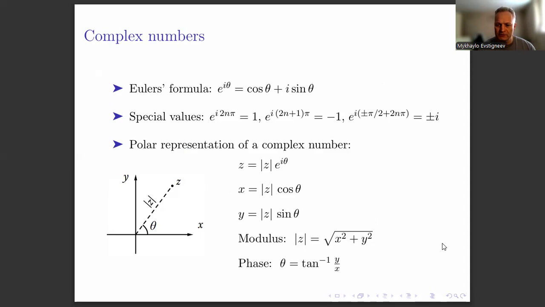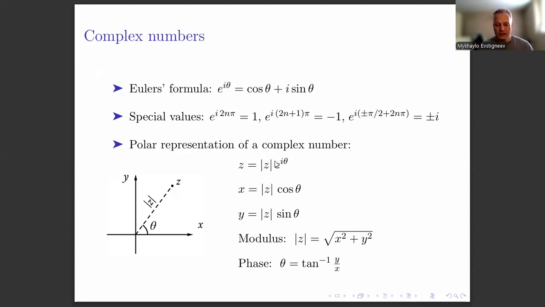For an alternative representation of complex numbers. A complex number is real part plus imaginary unit i times the imaginary part. But we can now also write a complex number as the modulus times exponential to the power i theta.